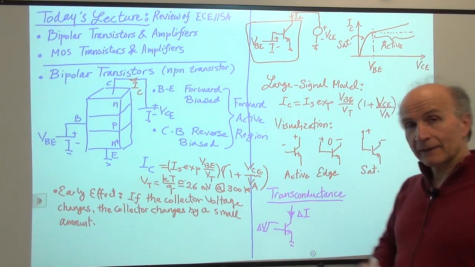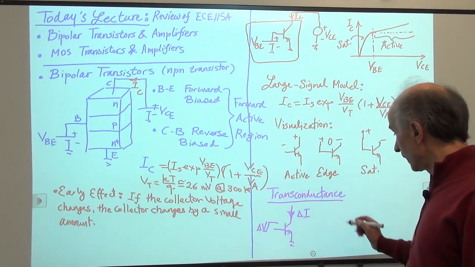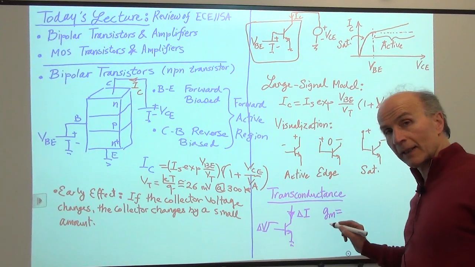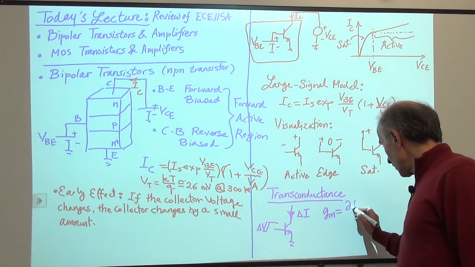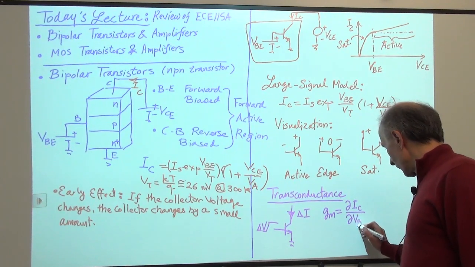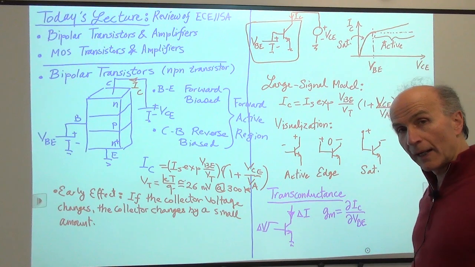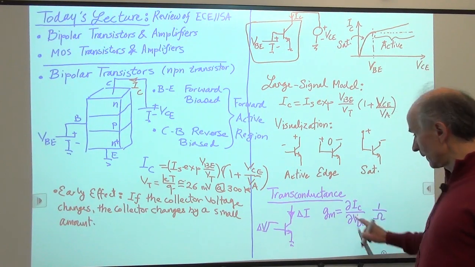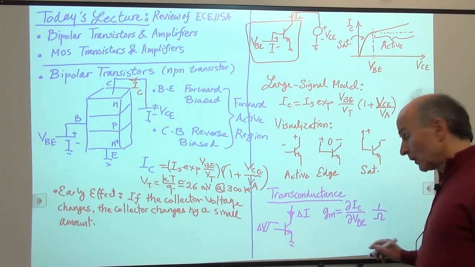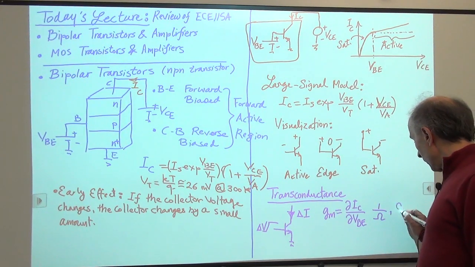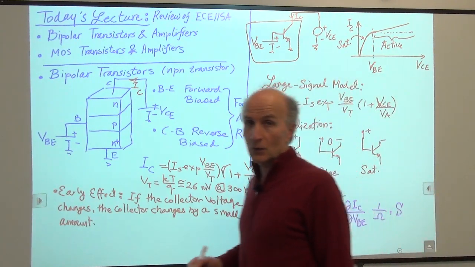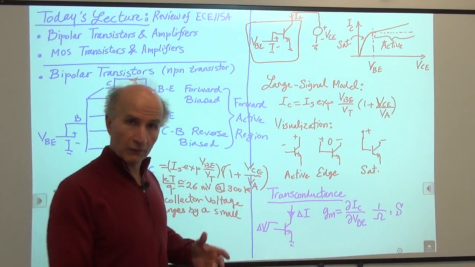That concept of strength of the device will be called the transconductance, and officially we'll define it as the change in the collector current with respect to the change in the base emitter voltage. And the unit is 1/ohms. You can see that this is the inverse of resistance, or sometimes it is represented by capital S, which is Siemens. So it could be Siemens or it could be 1/ohm, whichever you want.